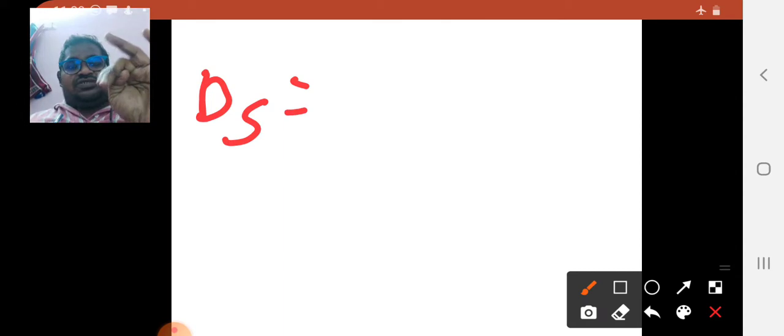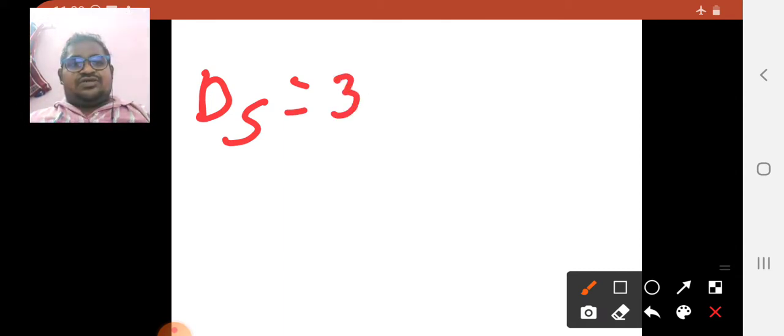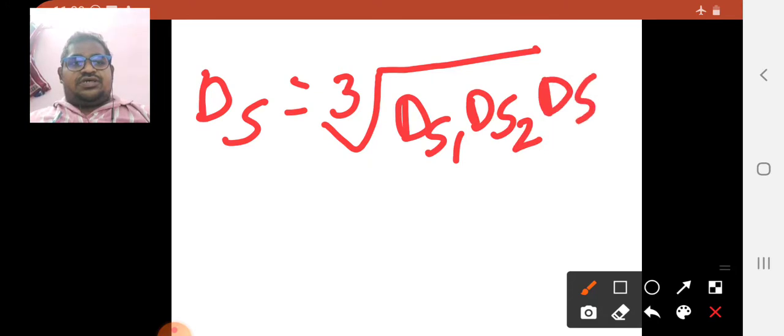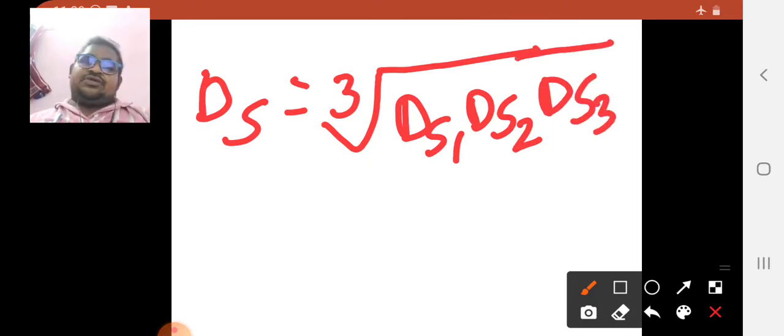The net GMD, that is the total self GMD, GS, is equal to the cube root of DS1, DS2, DS3, the three combinations. This is how for a double circuit you can find the value of DS.